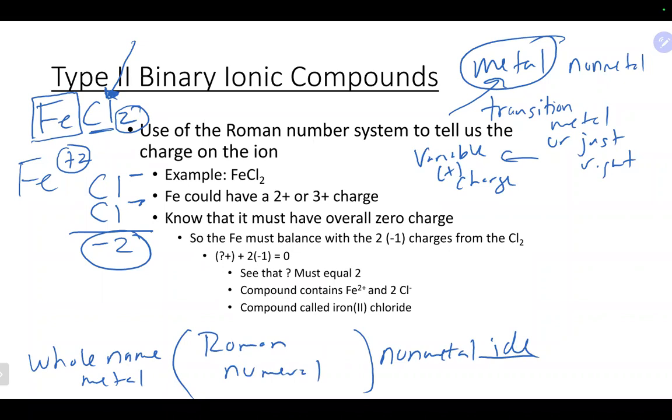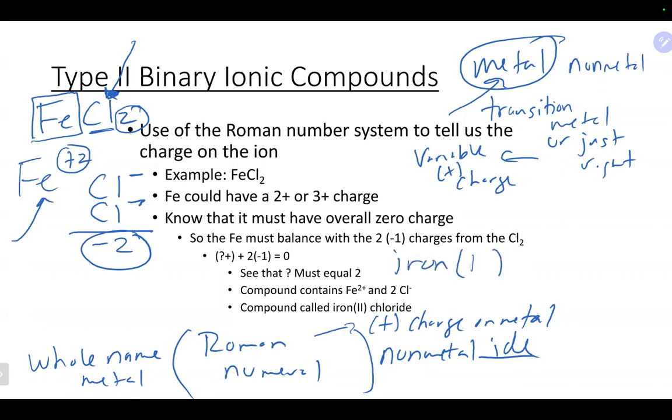It is the actual positive charge on the metal. So if you took one of the metals out, what the positive charge would be on the metal, that is the positive charge on the metal. So if we take our example here, we would start with the whole name, which would be iron.